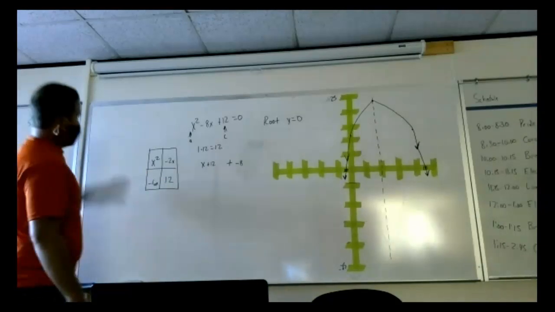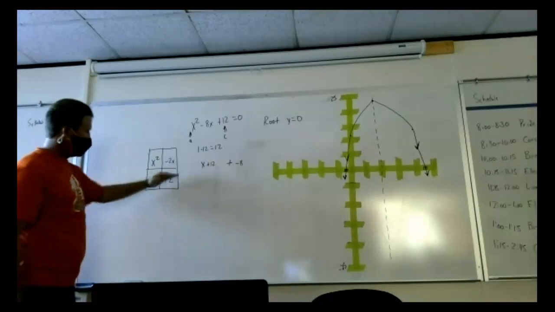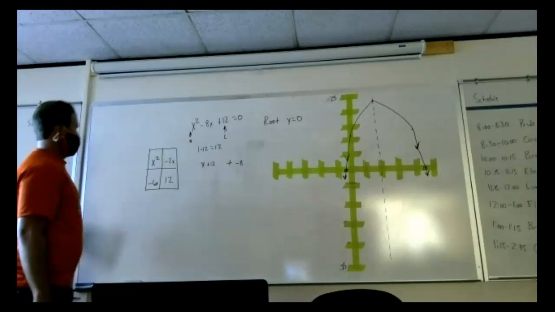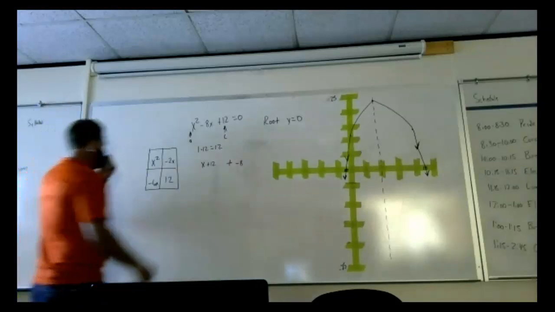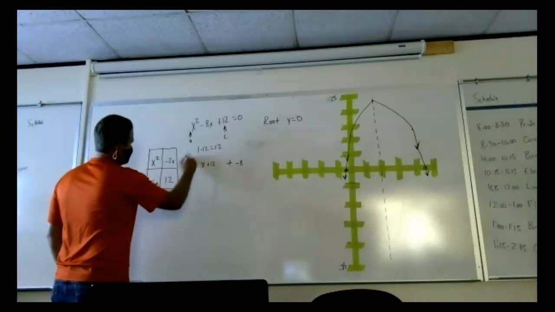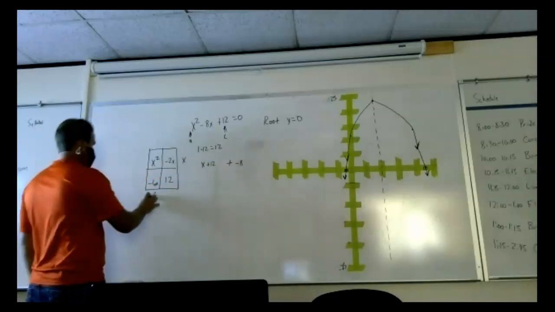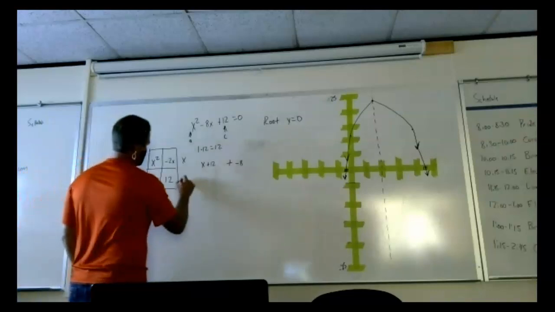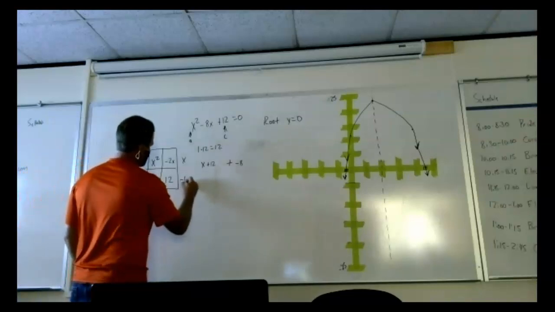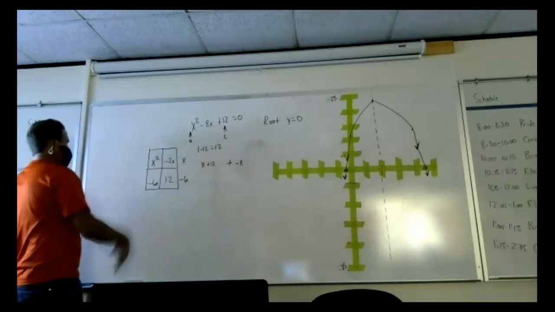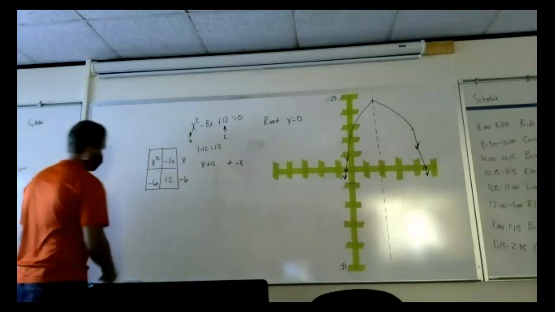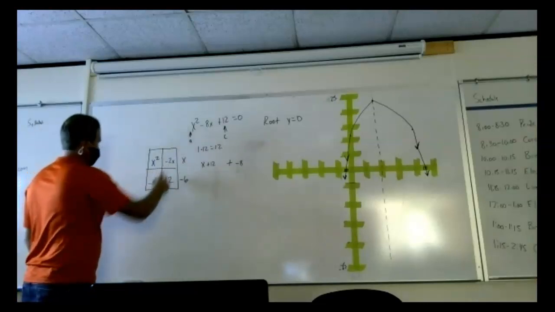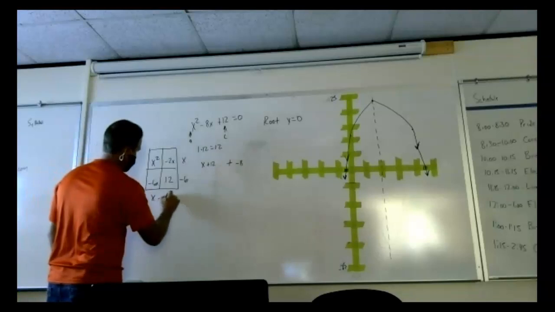Now, I'm going to use row 1 and row 2, column 1 and column 2, and factor out the greatest common factor. The greatest common factor between x squared and a negative 2x is x. The greatest common factor between a negative 6x and 12 is a negative 6. Now looking at my columns, x squared and negative 6x still just gives me x. And then negative 2x and 12 gives me a negative 2.